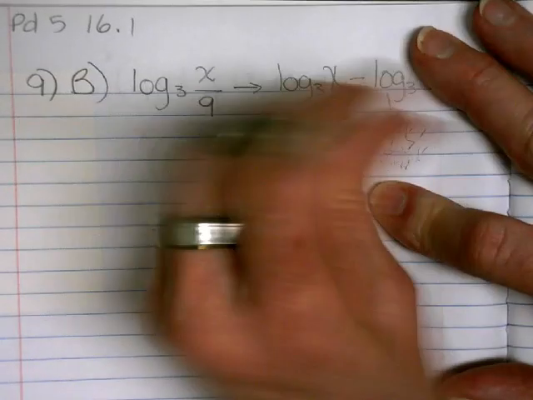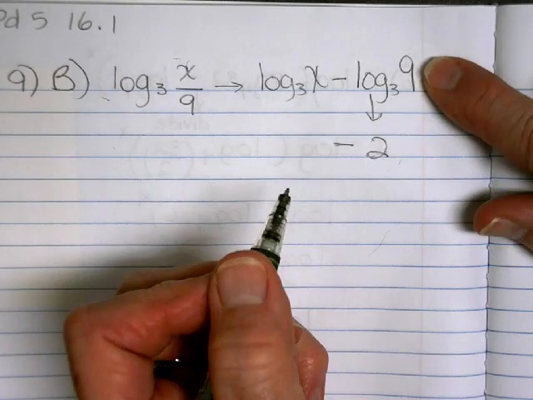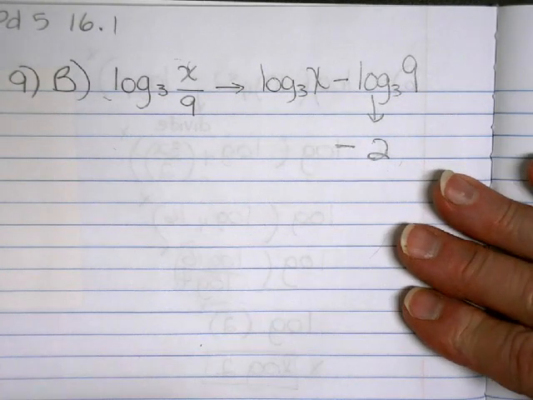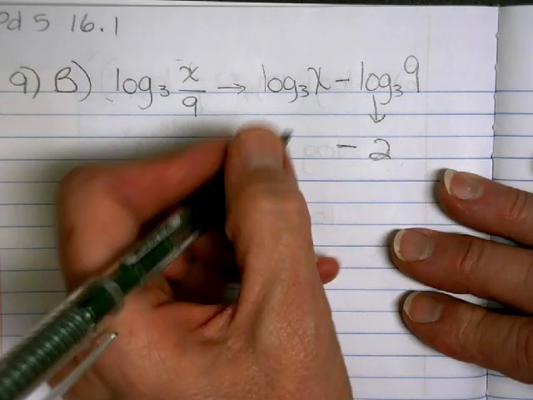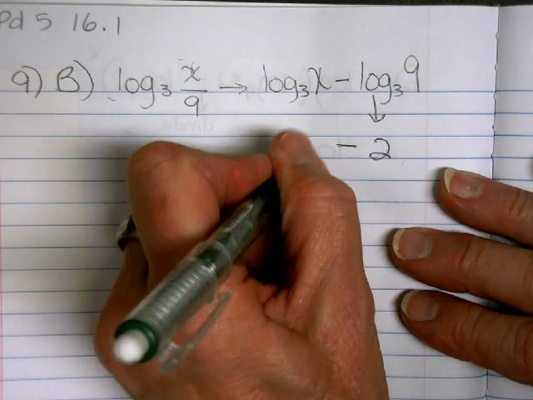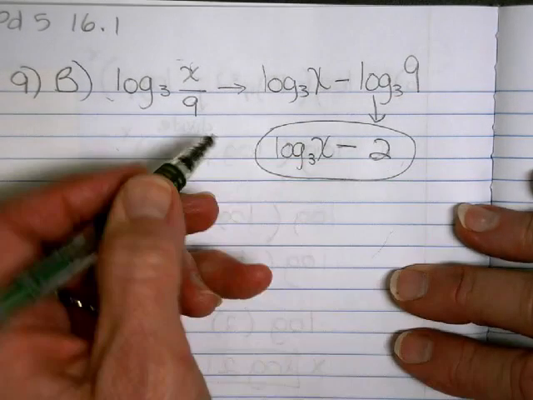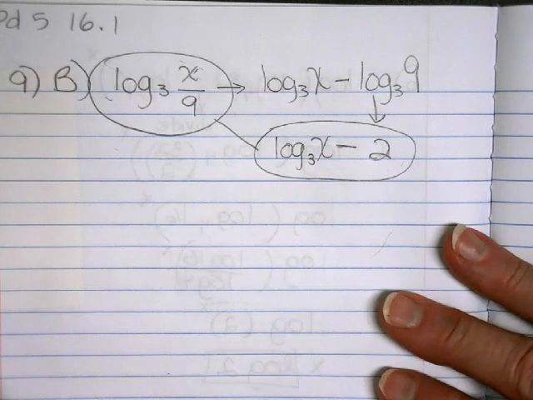I don't need to circle that, I'm just going to write it. We already did this one. So hopefully you do them enough you don't have to do them over again. It's like, you don't have to write down 4 minus 2. You already know the answer. And log base 3 of x cannot be simplified anymore. So that's what I found to be my B.